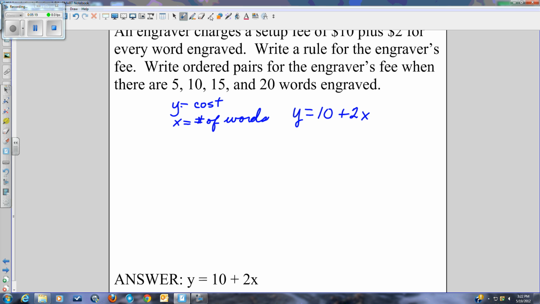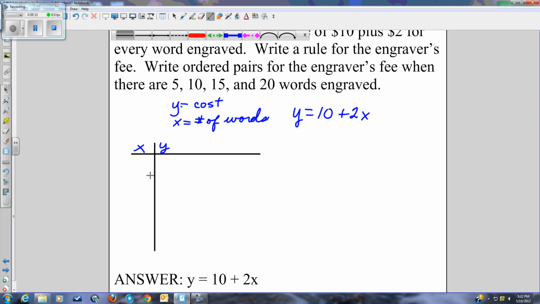Now what we want to do, let's make a table of this information. So here's x and y. So we want to know for 5, 10, 15, and 20 words what the cost is.